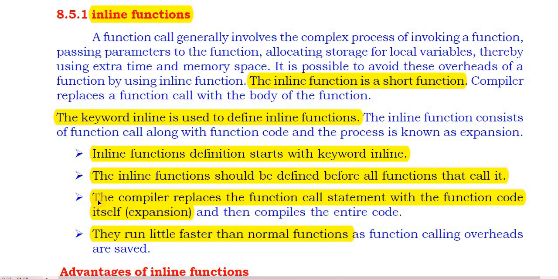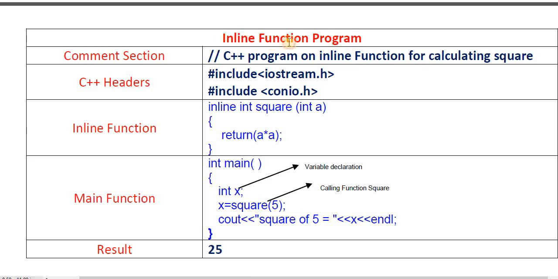Third point, the compiler replaces the function call statement with the function code. To explain this point, we have to take this example. This is an example program of an inline function, in which we are calculating the square of a number. The first 2 lines, #include <iostream.h>, are the header files, and here this is an inline function.